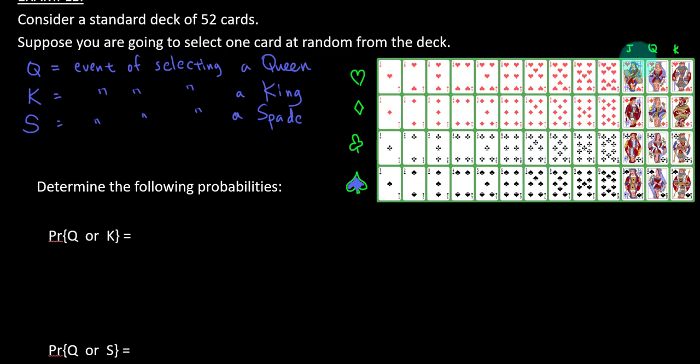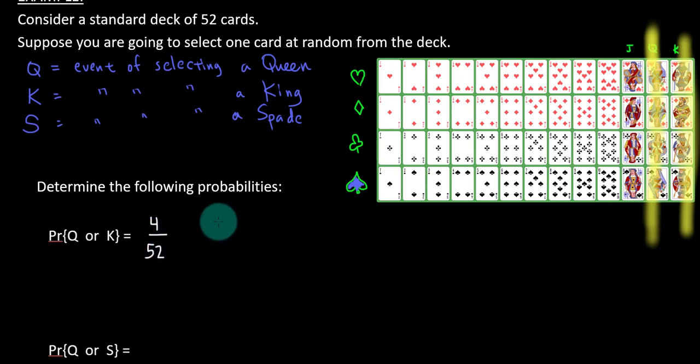And as we see over here, there are 4 queens and there are 4 kings. And so that is going to be represented by 4 queens out of the 52 cards. We've got 4 kings out of the 52 cards. And that gives us a total of 8 cards which would satisfy this statement.